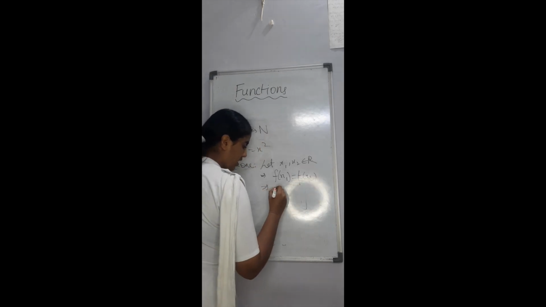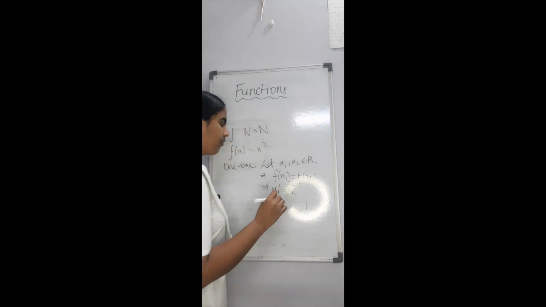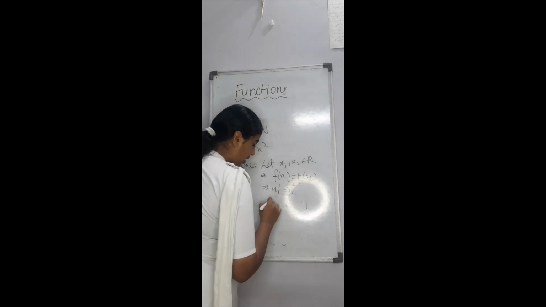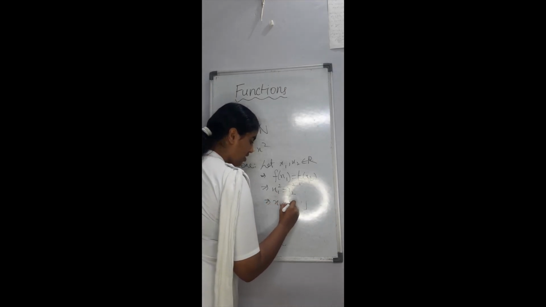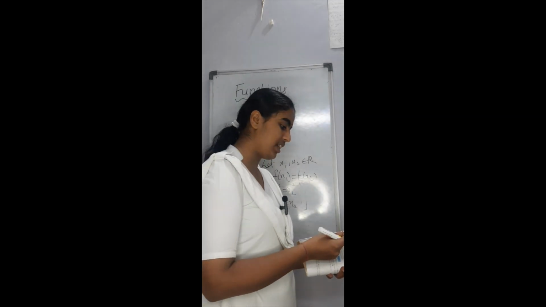It implies x1 square is equal to x2 square. Now this could imply that x1 is equal to x2, which basically satisfies our condition for injectivity.